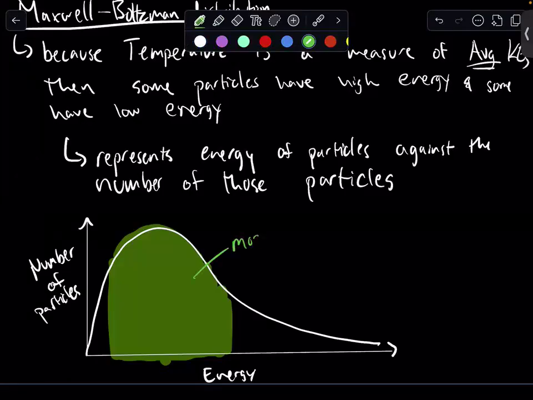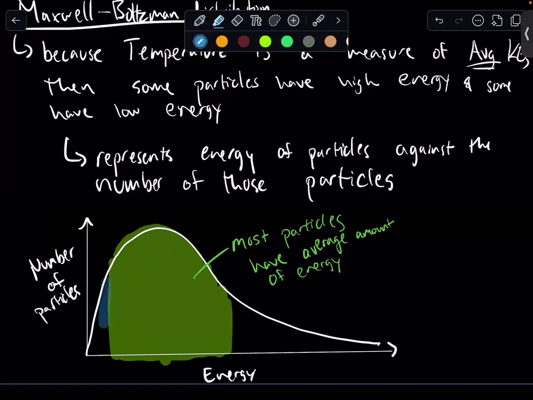So most particles have mid energy, like a middle amount. We'll just say average amount of energy. Some particles, on the other hand, but much fewer, have very little energy.